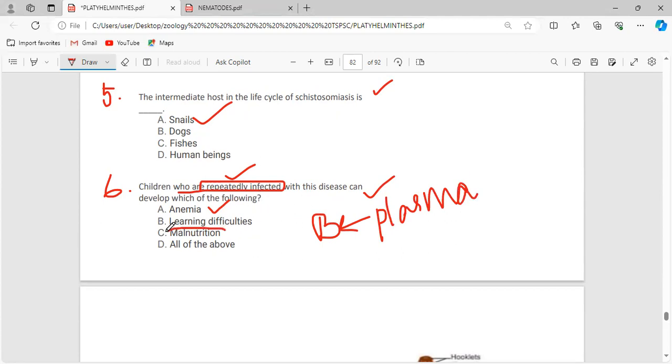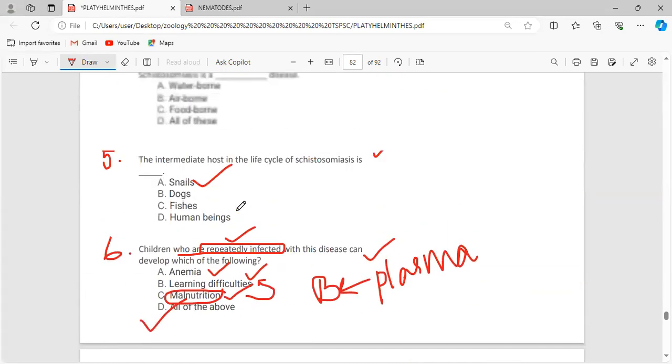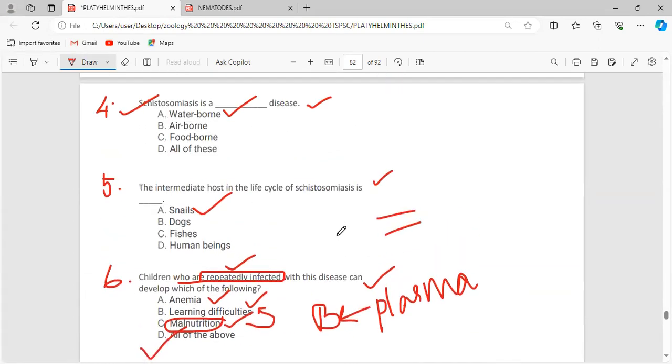Of course, malnutrition too, because blood carries lots of nutrients to all parts of the body. If enough nutrition doesn't reach the brain, the brain can't concentrate, so learning difficulties will also be a symptom. So the answer is all of the above. Clear? Fine. That's all about schistosomiasis.